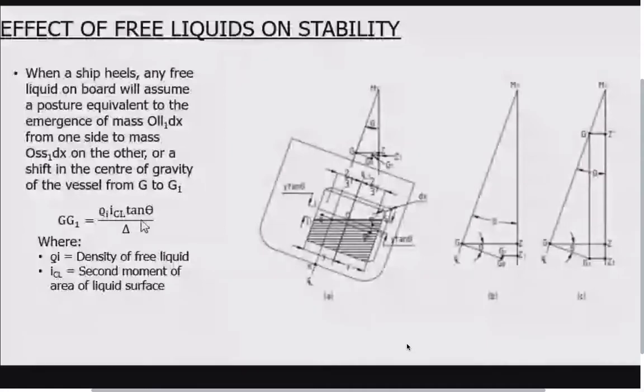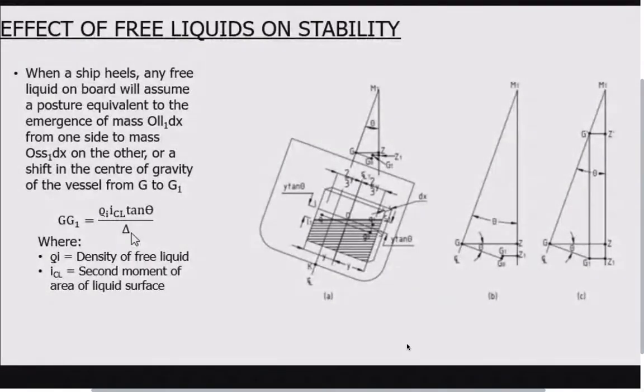There is the proof, but the formula for the change of the center of gravity from one point to the other is the density of free surface liquid times the second moment of area of the liquid surface times tan theta all over the mass displacement.